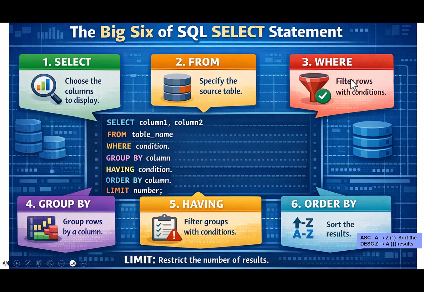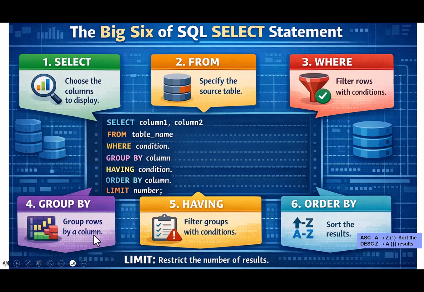Okay. WHERE is the filtering. So you define the condition, like price has to be greater than $50. And GROUP BY is to group rows based on certain columns, could be a single column or multiple columns. And then you can filter the groups based on a condition.